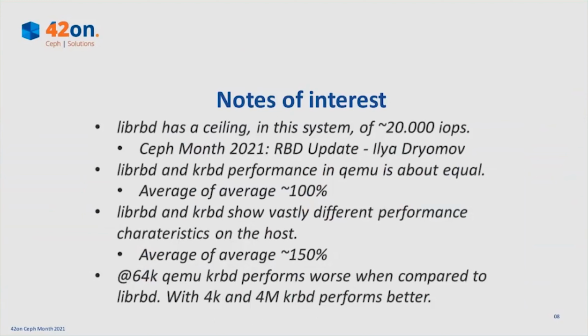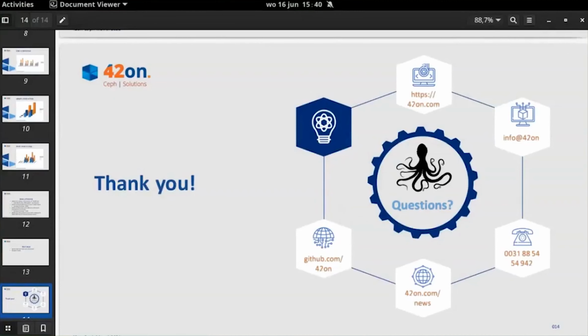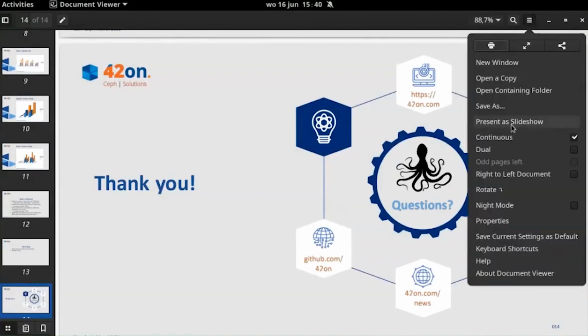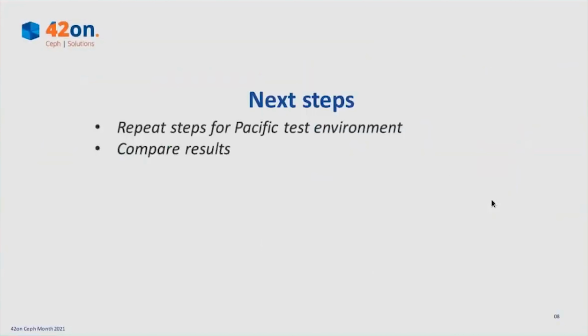With 4K and 4 MBs, it performs better, which was interesting, but we haven't had the chance yet to look into it in detail. So the next step is basically to test with Pacific, especially based on the talk of Ilya, and then compare the results again.